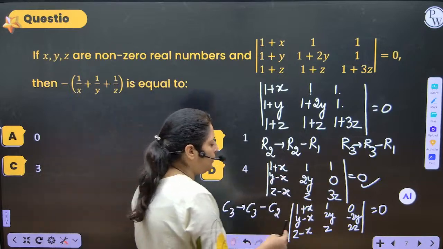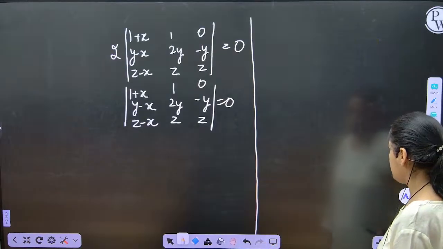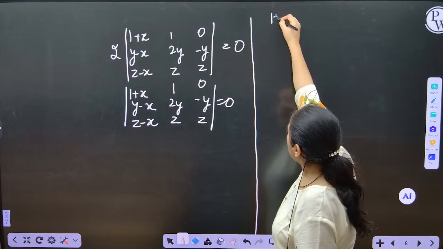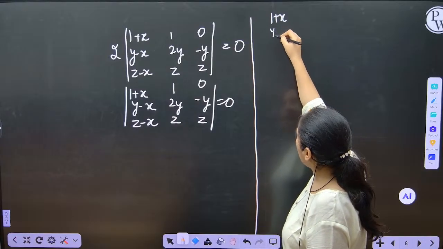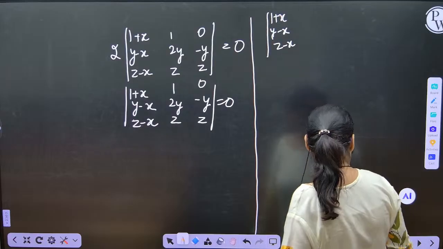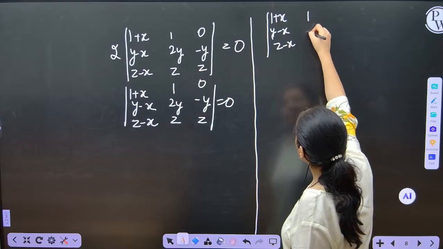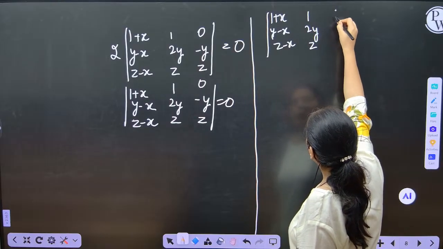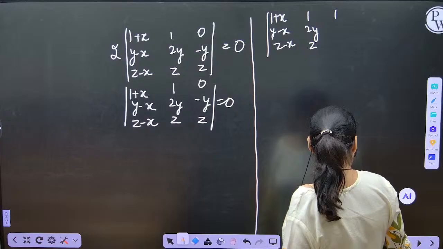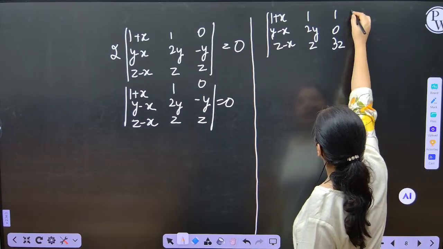That's why I'm doing that. Let me write 1 plus x, y minus x, z minus x; 1, 2y, z; 1, 0 and 3z.